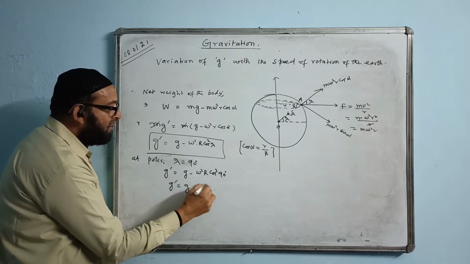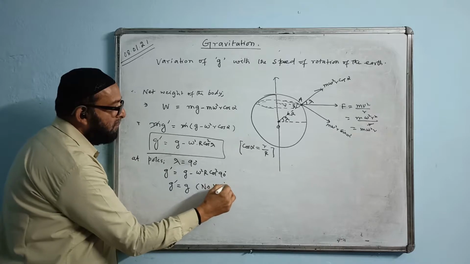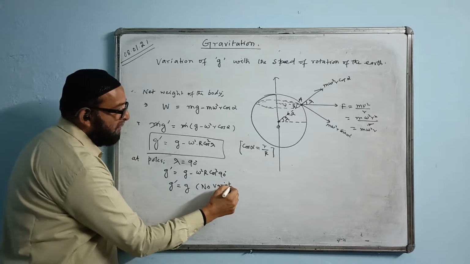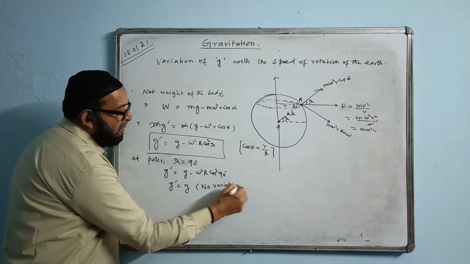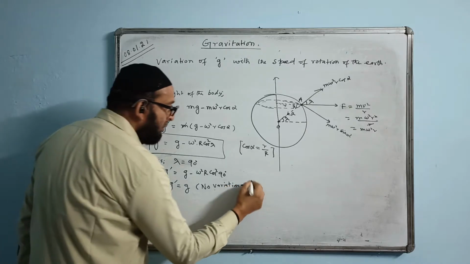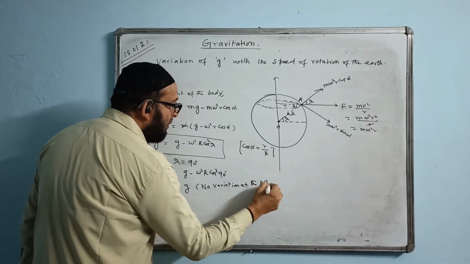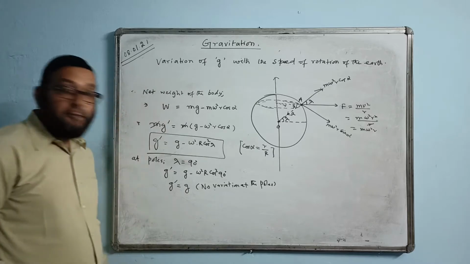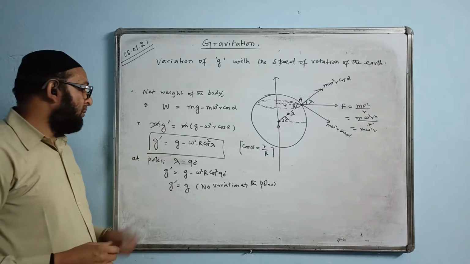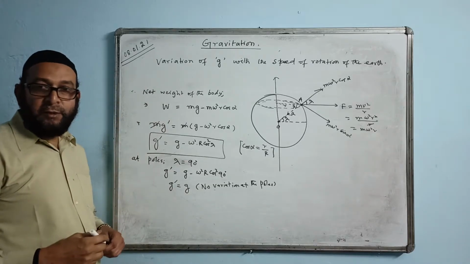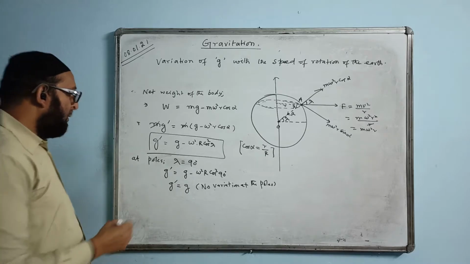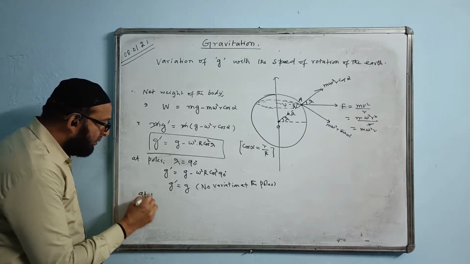There is no variation at the poles. The value of g does not vary at the poles, and it is maximum, that is 9.8 at the poles.